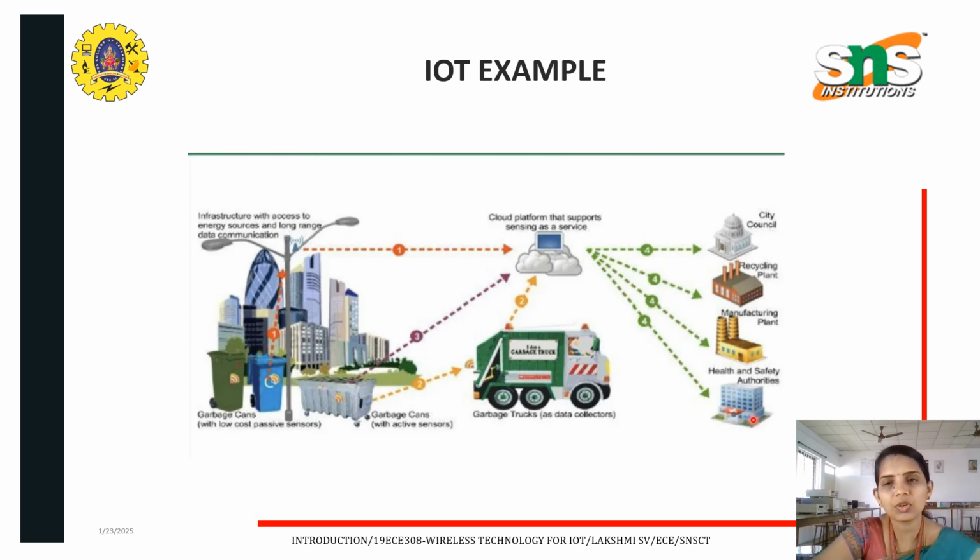We have health and safety authorities and the city council. So the garbage can be monitored effectively, and the waste can be disposed of according to this system. IoT plays a major role in the garbage monitoring system. The infrastructure has access to energy sources and long-range data communication, and the cloud platform supports sensing as a service. The garbage truck will then collect the waste.